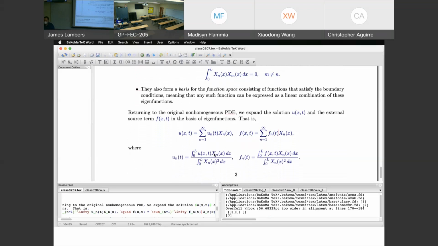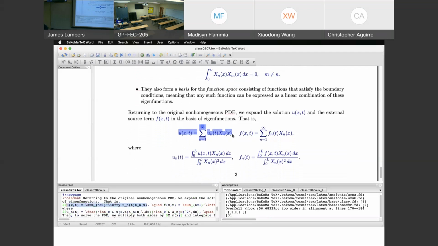This comes from the fact that these functions Xn of x are known to be orthogonal. If I take this equation, for example, and multiply both sides by, say, capital Xm of x, and integrate from 0 to L, because of the orthogonality, I can solve for this unknown coefficient here and here, and that's where this formula comes about. Now, in a general case, these integrals might be a pain.